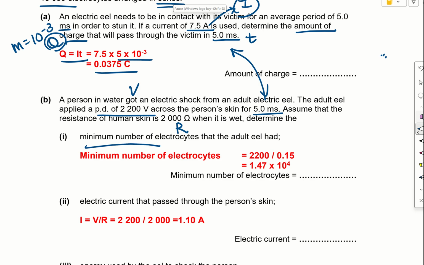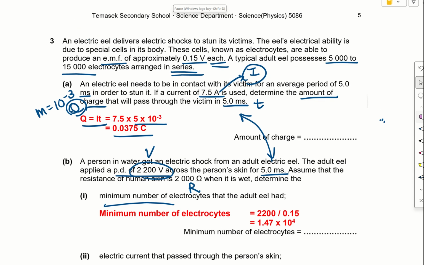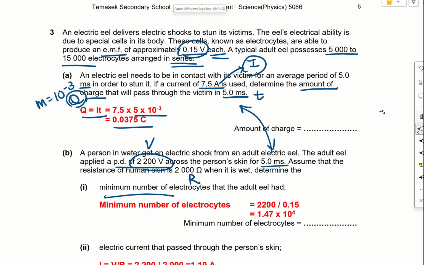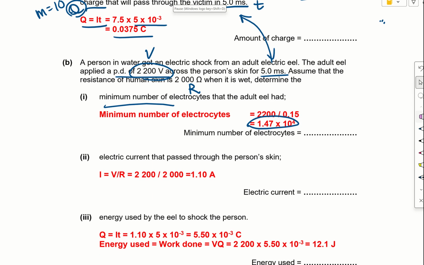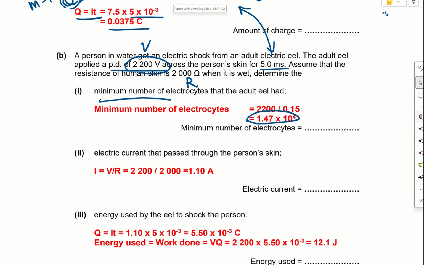Okay, so it was said that the adult eel applied a PD of 2200 volts, and each of it has 0.15 volt each. Therefore, there is this number of electrocytes, assuming that all are working.